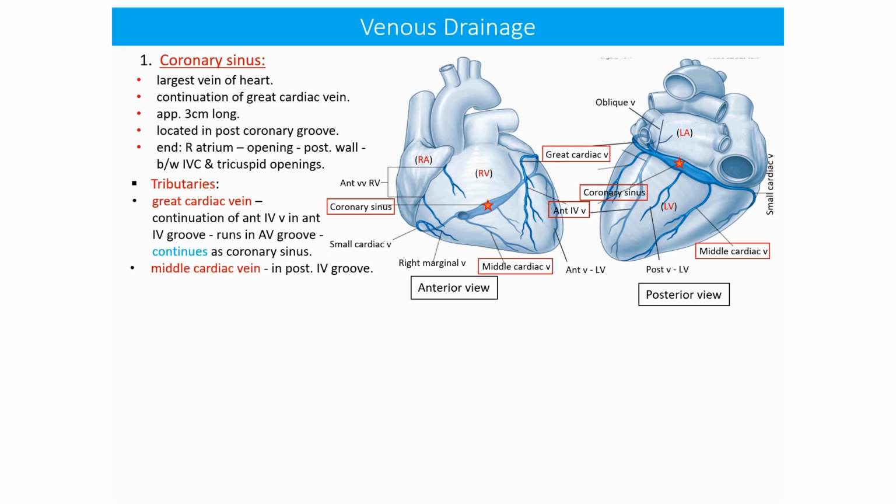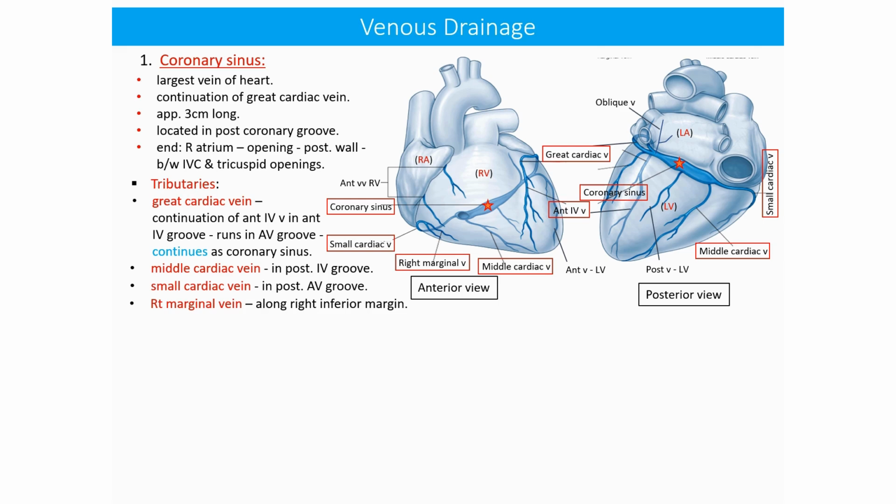Second is the middle cardiac vein, which is present in the posterior interventricular groove. Then is the small cardiac vein, which is present in the posterior atrioventricular groove.